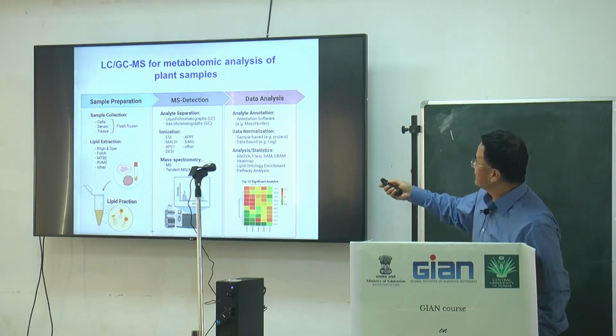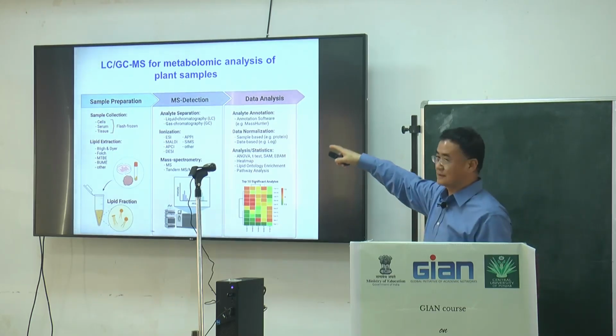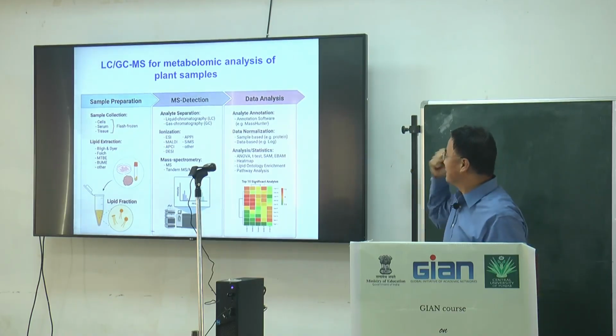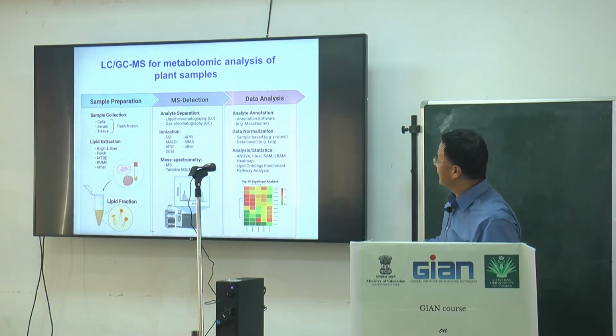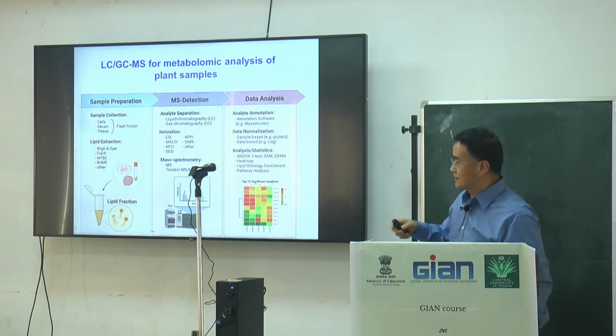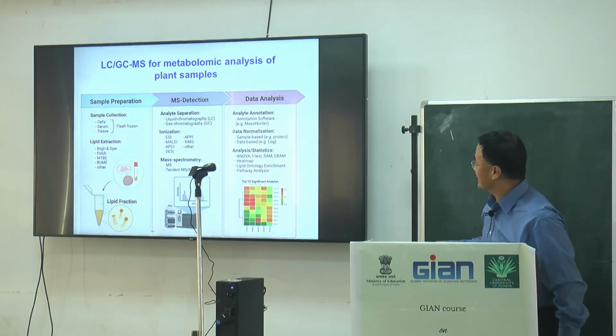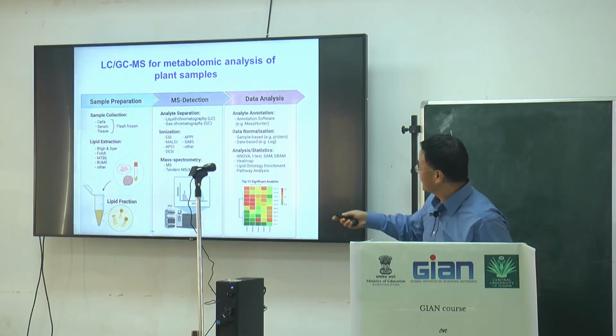So we will continue to talk about the LCMS. Today, actually, we try to focus on the LC and GCMS in total, those tools for the metabolomic analysis of the samples.